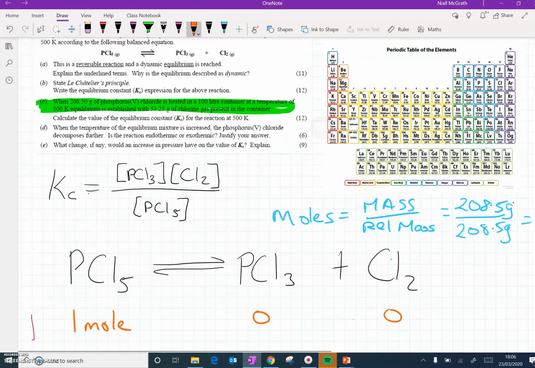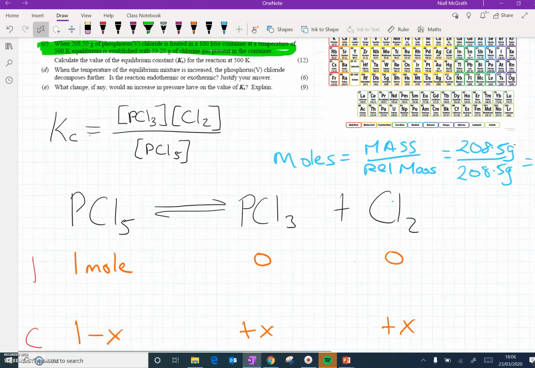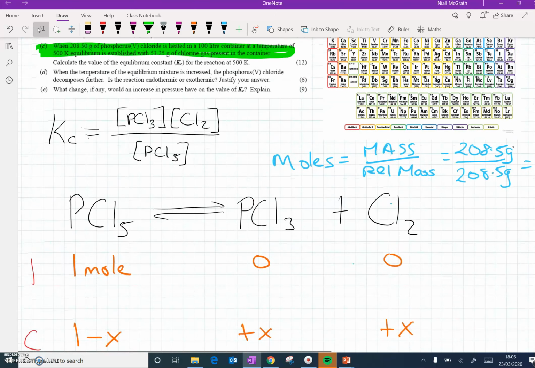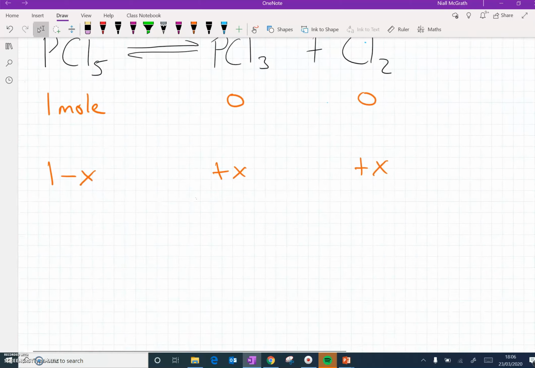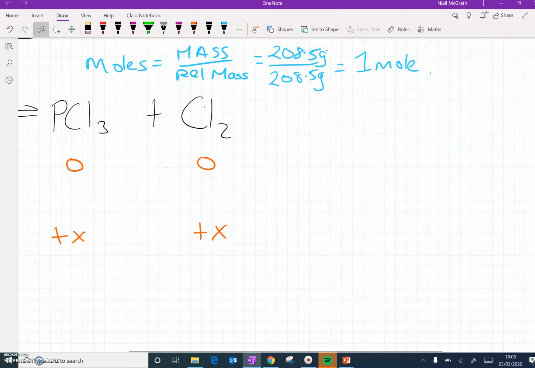Now, in our question it says that at equilibrium we have 53.25 grams of chlorine. If we do the same thing again, we try and find our moles.